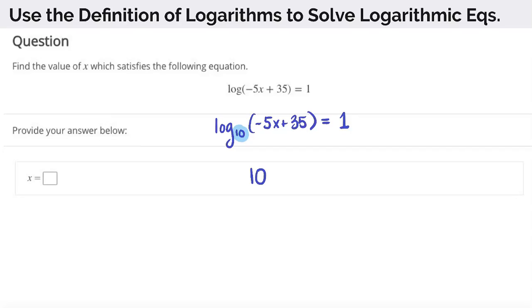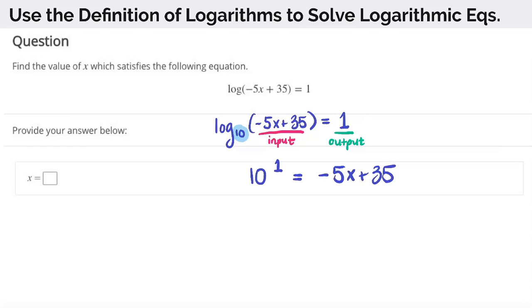And since these things are inverses, we need to take this expression, which is the input of our log, and make that the output of the exponential. And this number here, the 1, which is the output of our log, is going to become the input of our exponential. So our equation becomes 10 to the first equals negative 5x plus 35.